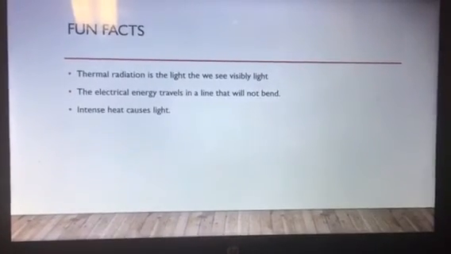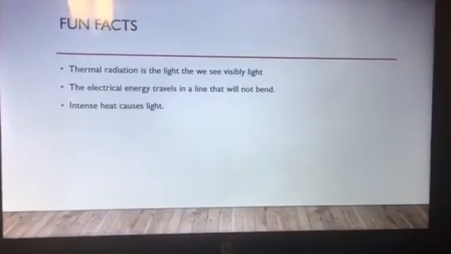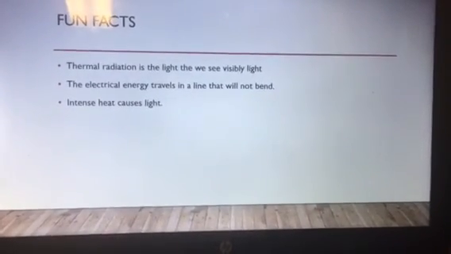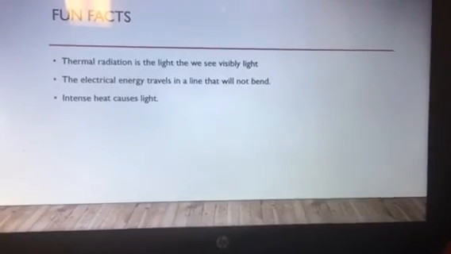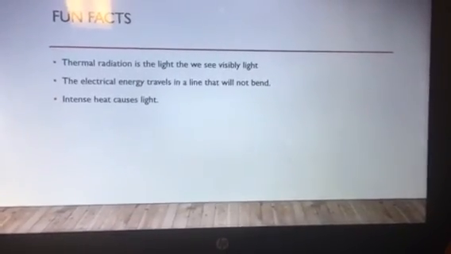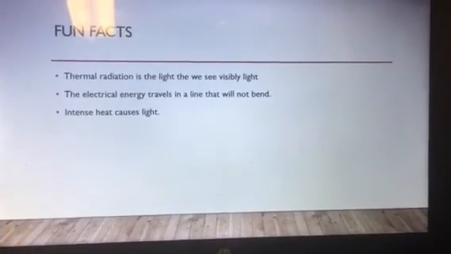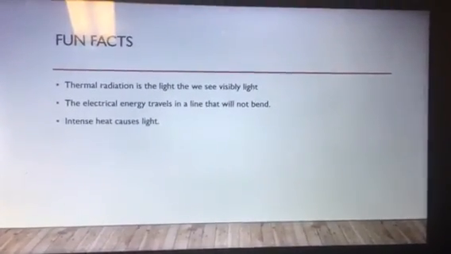The electrical energy travels in a line that will not bend, and to sum up the whole thing, intense heat causes light. So that's the fun fact. That intense heat causes light.